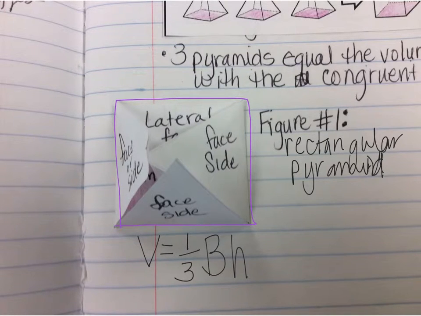Okay, so the first thing I want you to do is find the area of the base, which is the base times the height. So go ahead, push pause, and do that now.